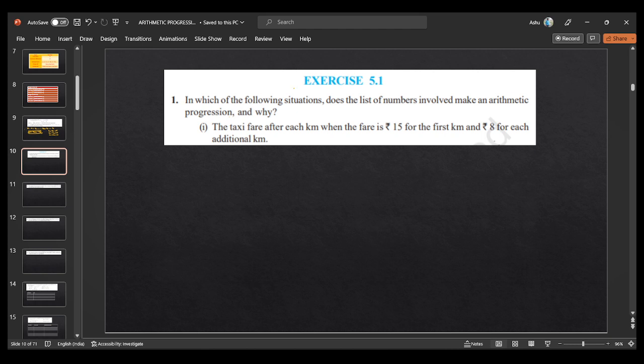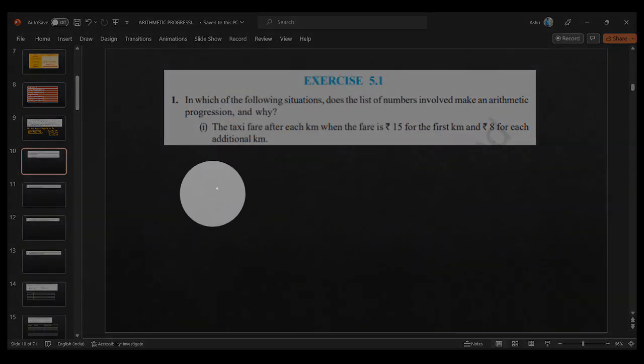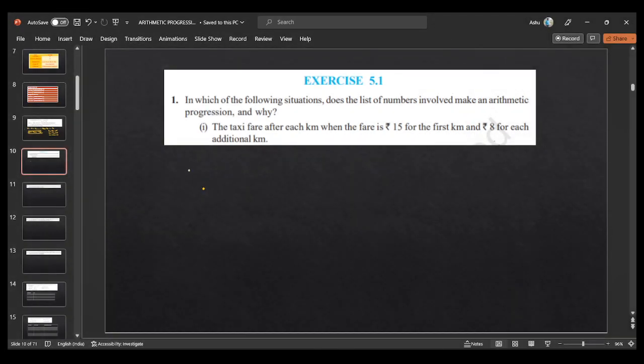Clear? The taxi fare: the taxi fare after each kilometer when the fare is 15 for the first kilometer and 8 rupees for each additional kilometer.